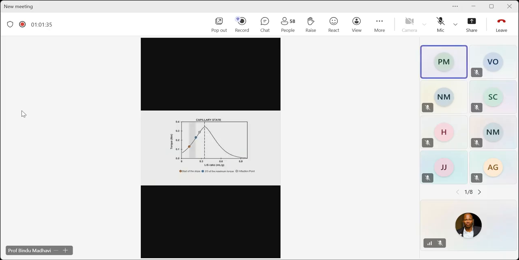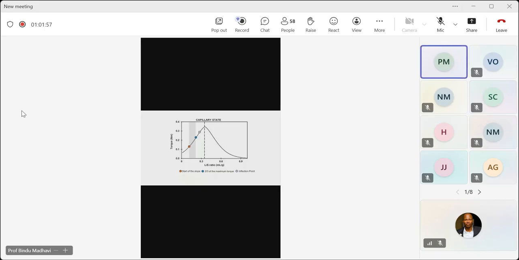Confirm once you see the graph. Yes. So you can see.